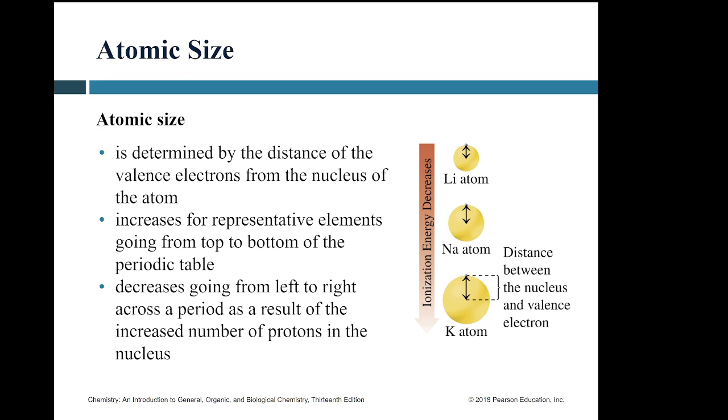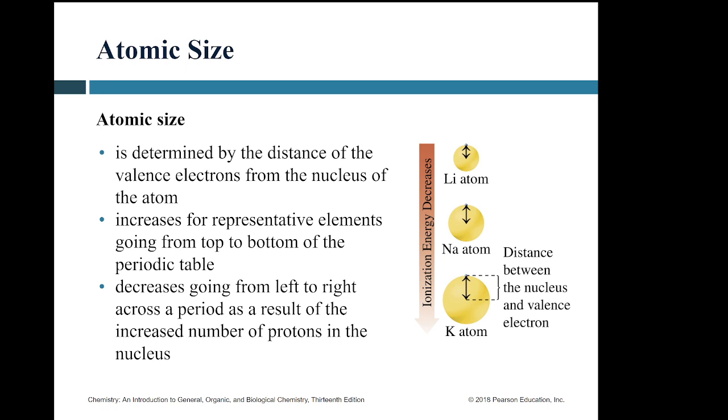It will decrease going from left to right across a period. This happens because you add protons into the nucleus while not changing the overall distance, and so you have these protons pulling those electrons tighter.